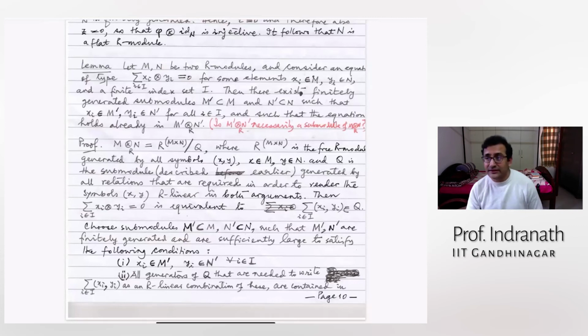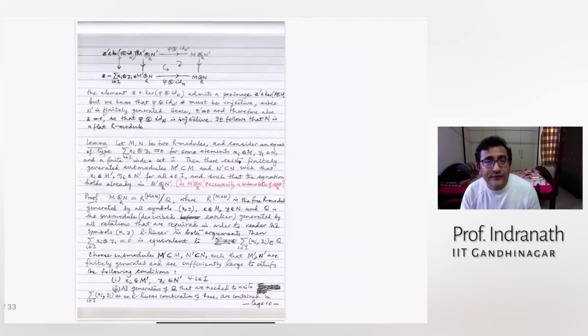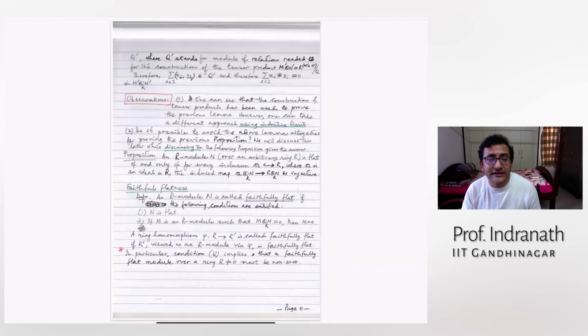Up to this is fine. But the point is, you have no guarantee that this is sitting inside. That is the major problem. And my question was whether this proof can be replaced by a proof which just uses the canonical maps and things like that. This was the major question that I had, and we are now back to this.